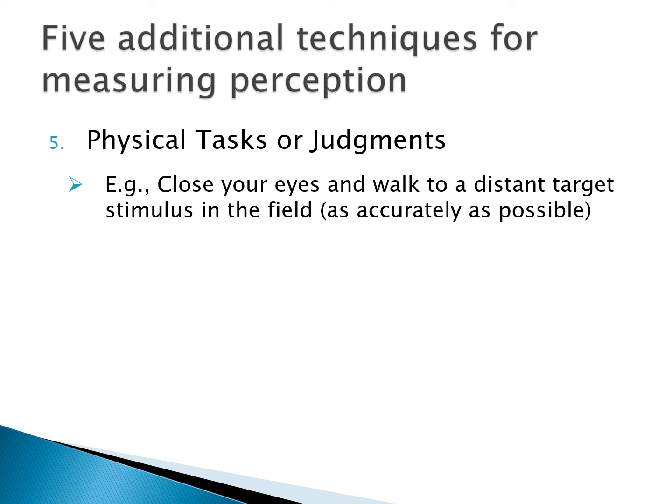The people with the heavy backpack estimate that hill as being steeper than the people with a light backpack, as that effort is taken into account when they're making their judgment of the steepness of the hill. So that's just another technique for measuring perception.